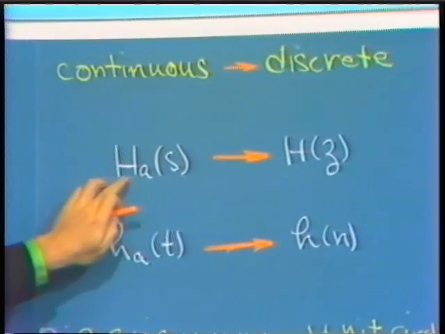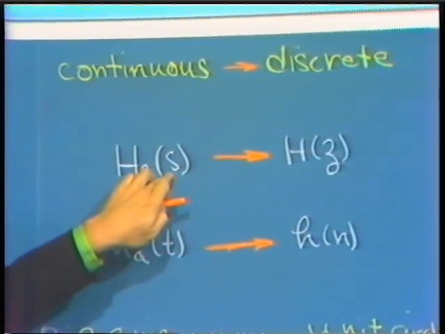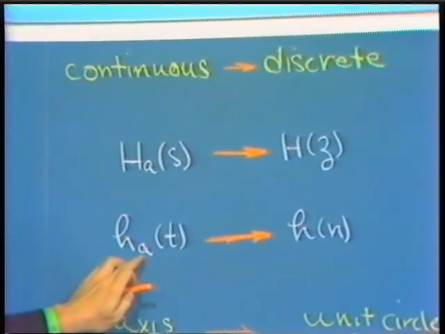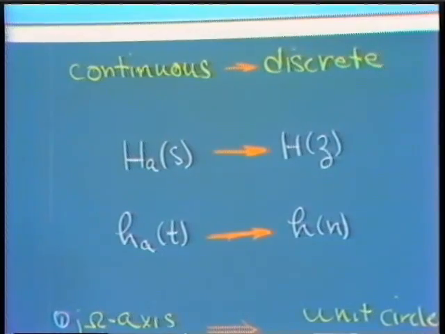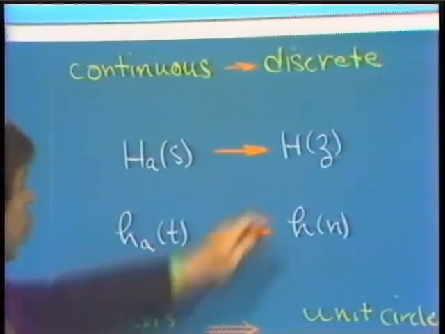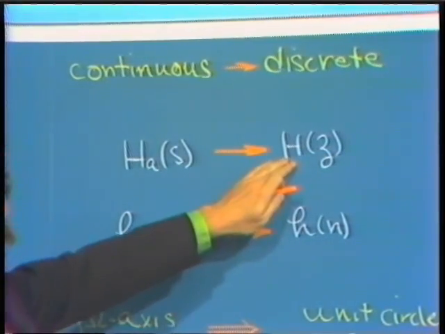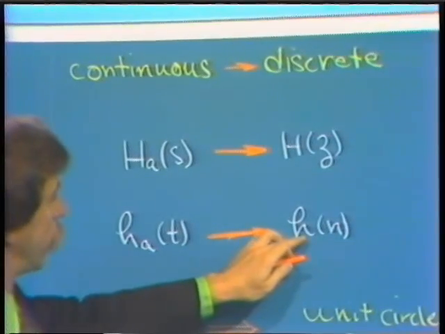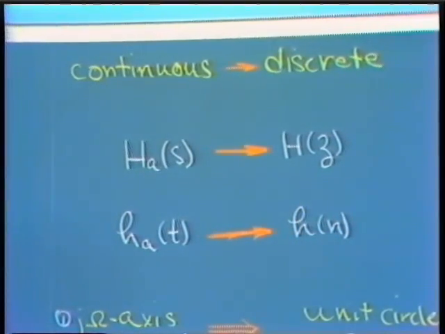We have a continuous time system function, h sub a of s, which is the Laplace transform of the impulse response h sub a of t, the a standing for analog. And we'd like to map that to a digital filter transfer function h of z, or equivalently map the impulse response to a digital filter unit sample response h of n.